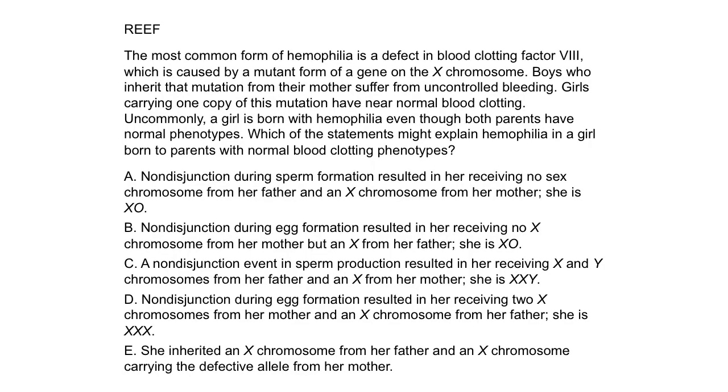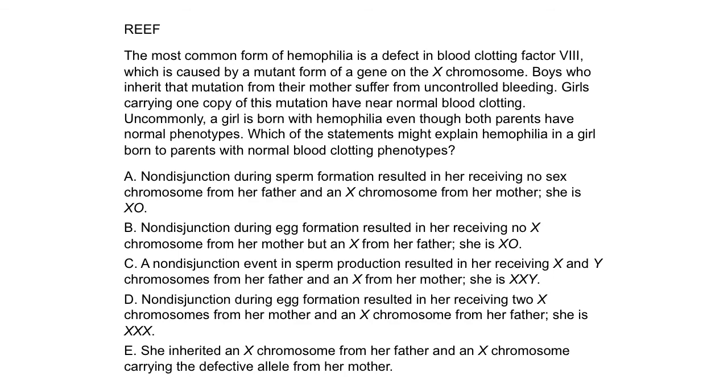Okay, so to end this section, I would like you guys to consider this REEF question. This is actually a very challenging one, and I hope that you spend time to figure this one out by writing things down on paper. Okay. So the most common form of hemophilia is a defect in blood clotting factor 8, which is caused by a mutant form of a gene on the X chromosome.